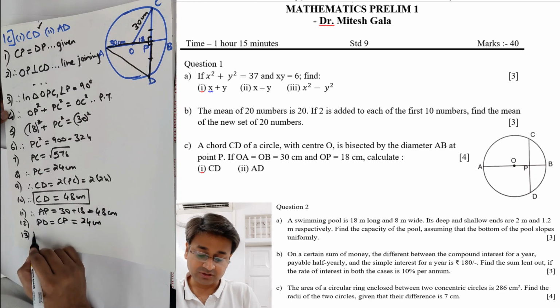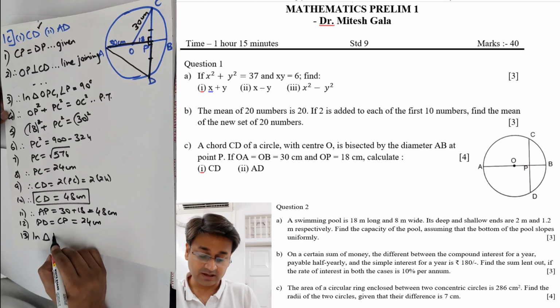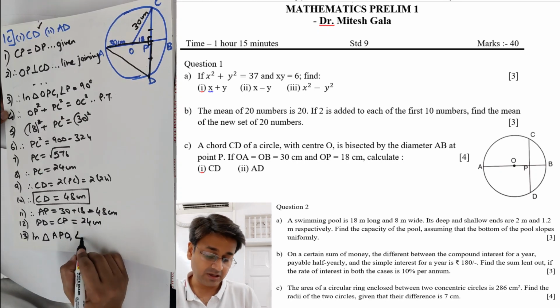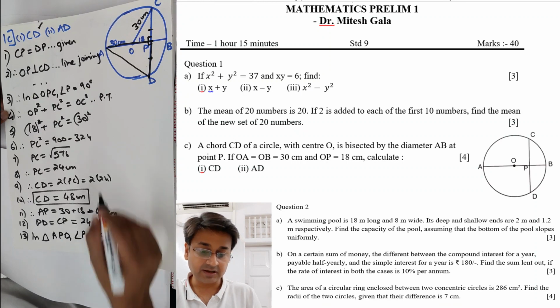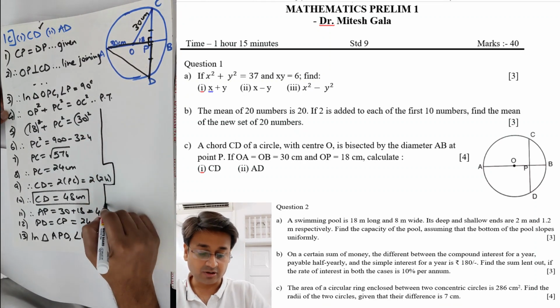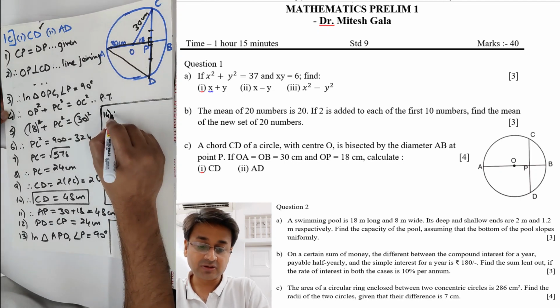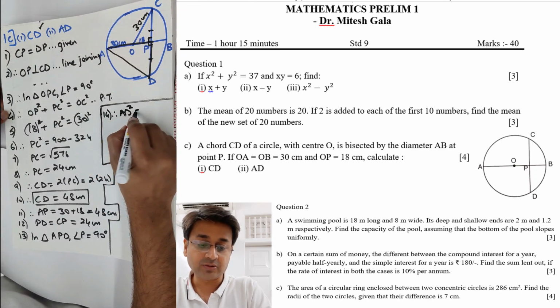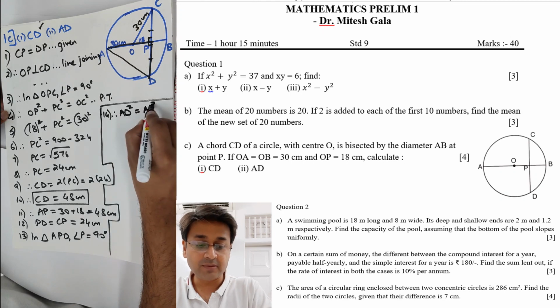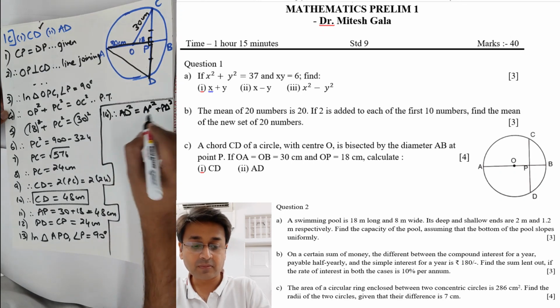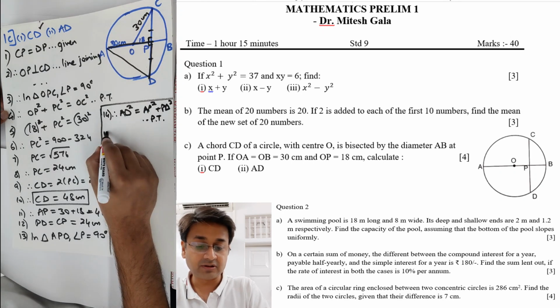So we've got the two sides, and now jump into the triangle APD, where angle P is 90 degrees. So let us apply Pythagoras theorem here, and let's see if we can get the correct answer. So AD square is equal to AP square plus PD square, obviously by Pythagoras theorem.